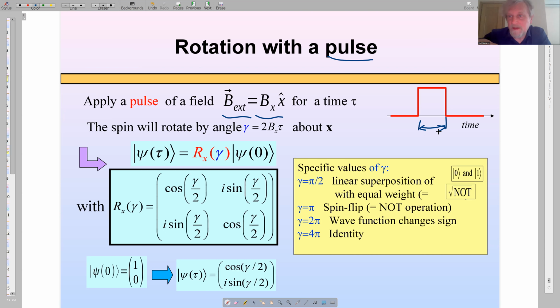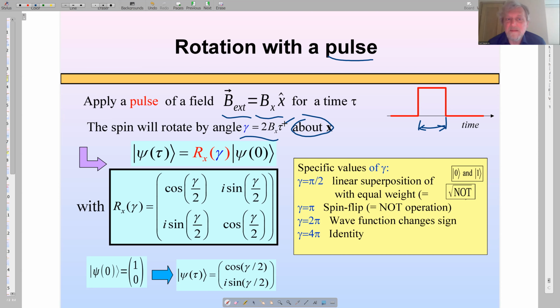Well, a magnetic field is supposed to rotate spin. So in this case, the spin of the wave function will be rotated about the x-axis by a certain angle, which depends both on the intensity of the field in the pulse and on the duration of the pulse. So it takes some time to rotate the spin at a given x.